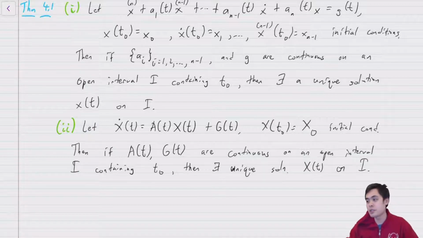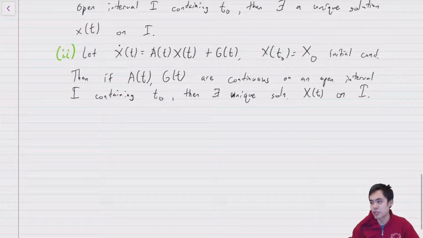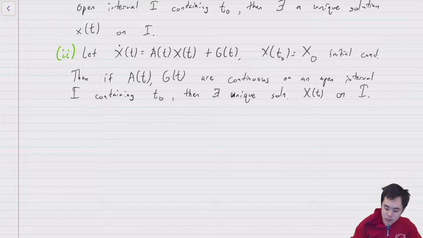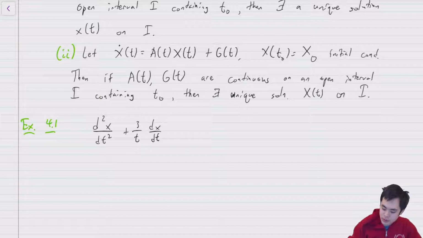So I'm not going to prove this. It should have been proven in a differential equations class. If you don't remember it, you should go back and look there. And I'm just going to give a single example of a differential equation. You guys should be very familiar with these, but just as a reminder, let's say that we have d squared x over dt squared plus 3 over t dx/dt plus x over t squared is equal to 0.